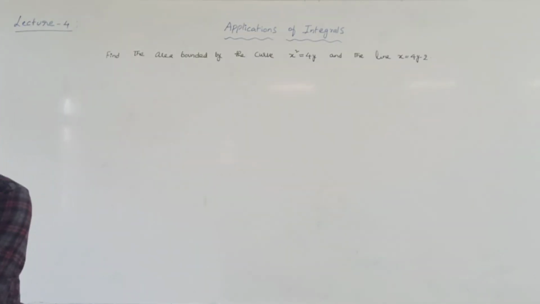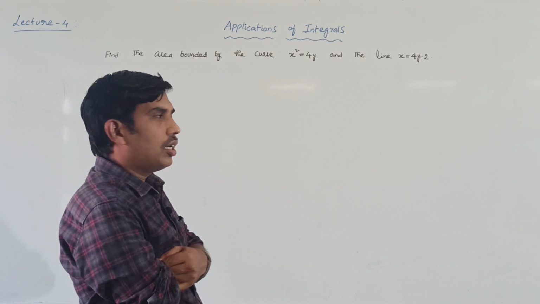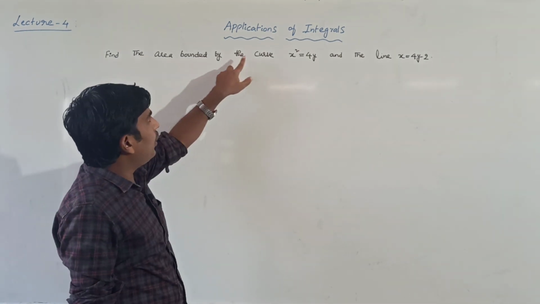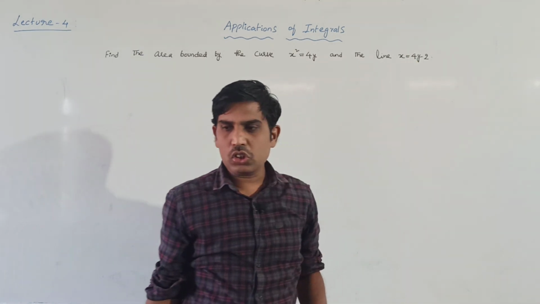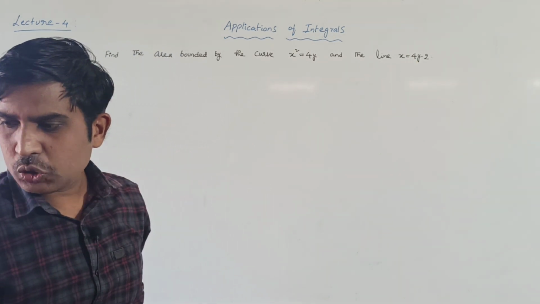So, find the area bounded by the curve x square is equals to 4y and the line x is equals to 4y minus 2.